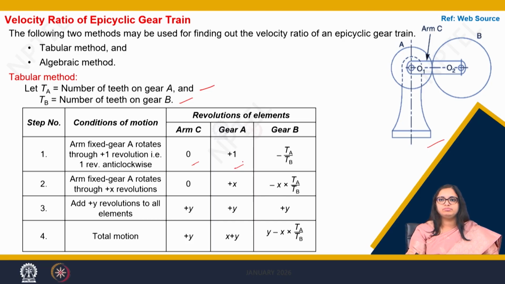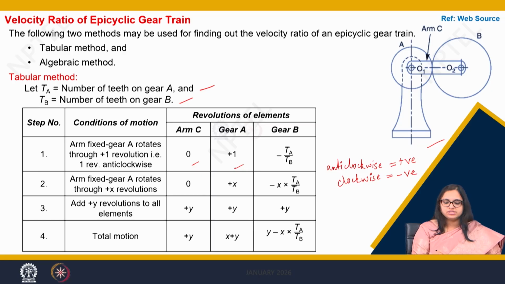Now when we talk about a simple gear train or compound gear train, there is no directional component. However, in an epicyclic gear train there is a directional component. So anti-clockwise is taken as positive, and clockwise rotation or revolution is taken as negative.